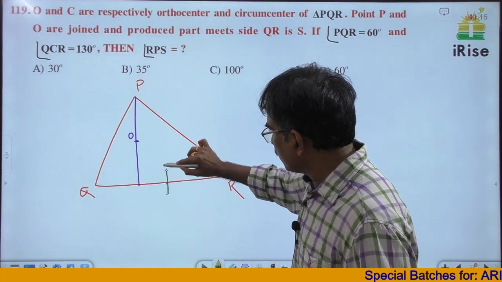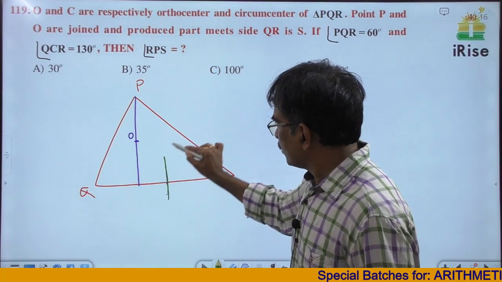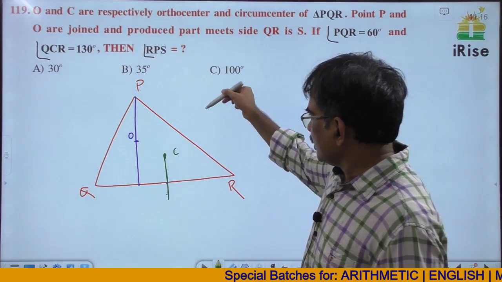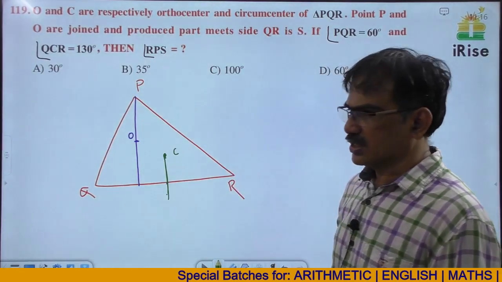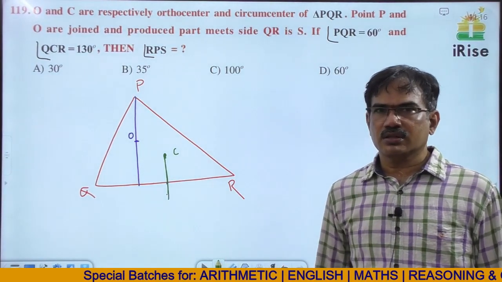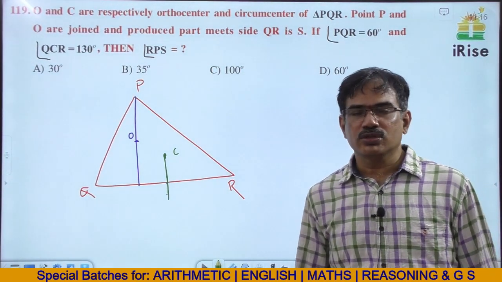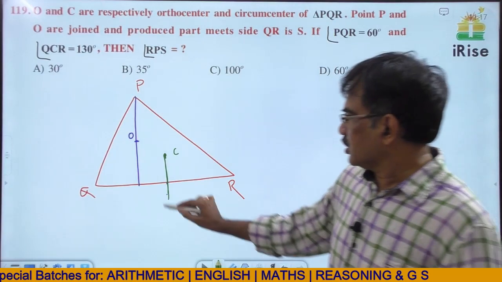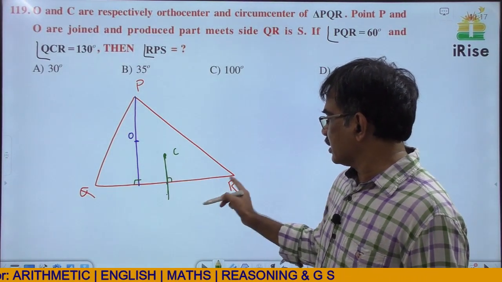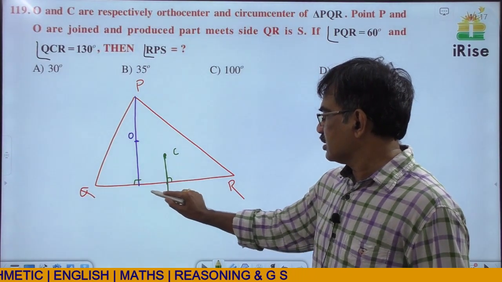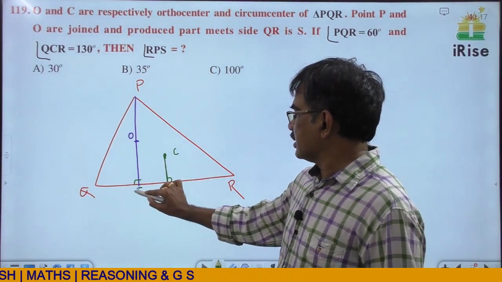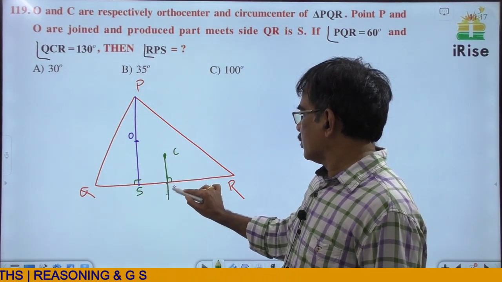Draw one more perpendicular here. This point is C. Point of intersection of perpendicular bisectors is circumcenter. Point of intersection of altitudes is called orthocenter. This is perpendicular. Here this is also perpendicular. Perpendicular bisector. This is midpoint. I want to consider this as S, it is already given as S. Okay. I want to consider this as T.